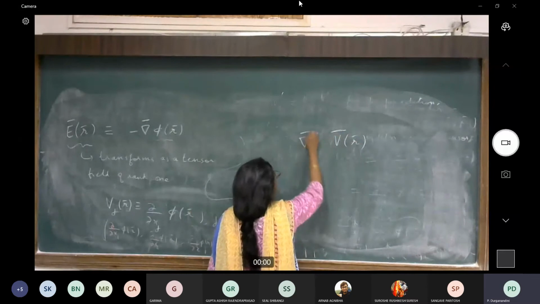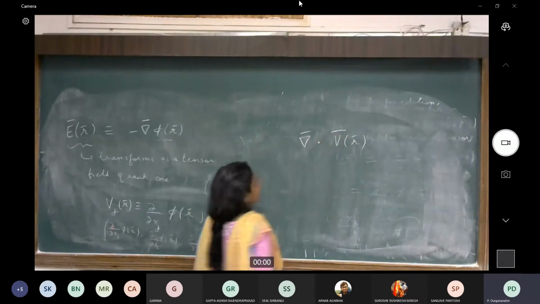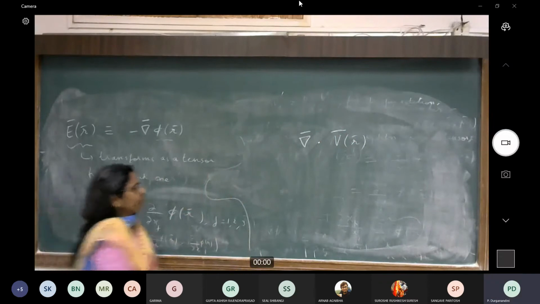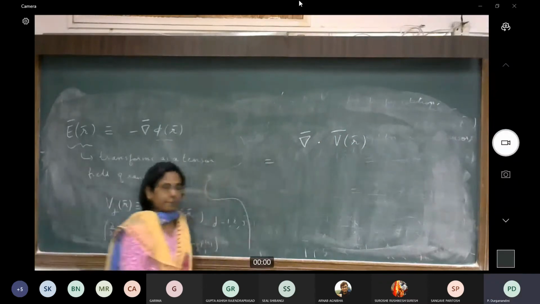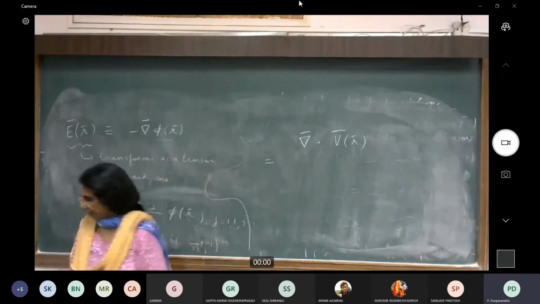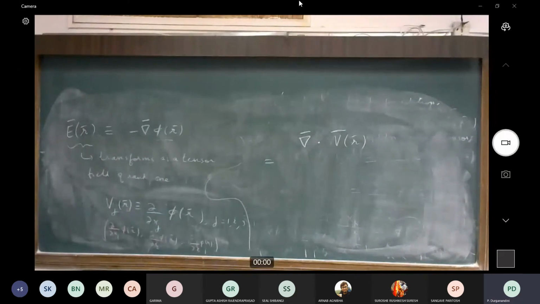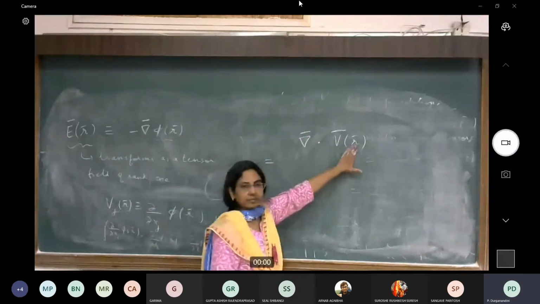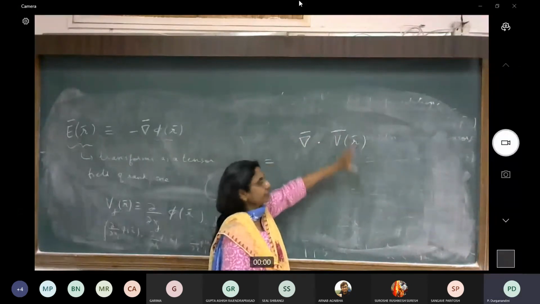Then let us take this quantity del dot V of R. How will this transform? By definition, what will this be?